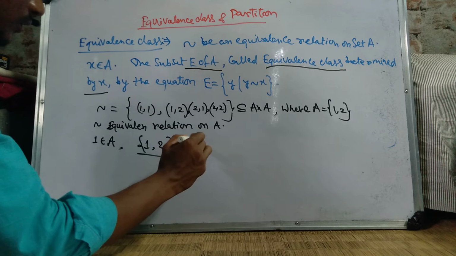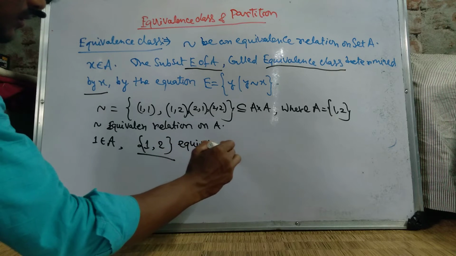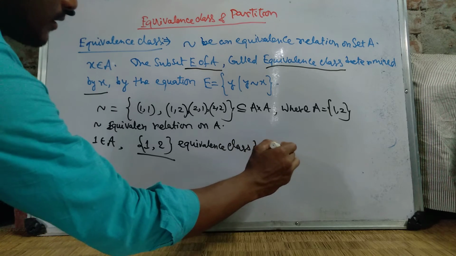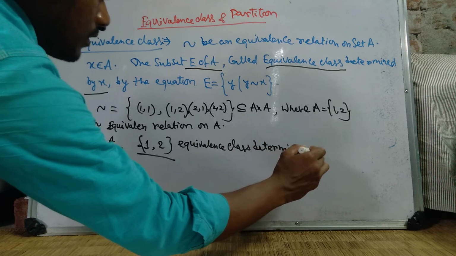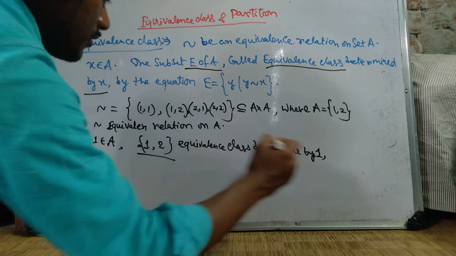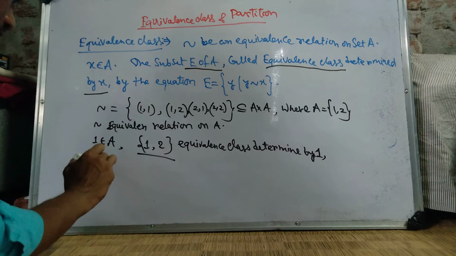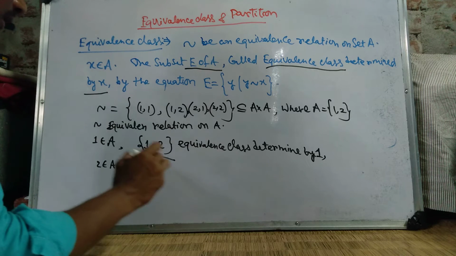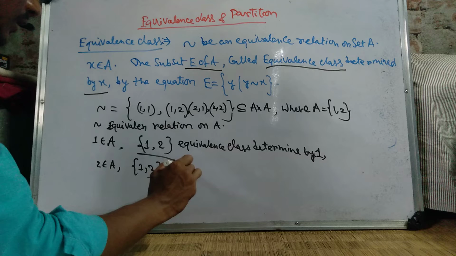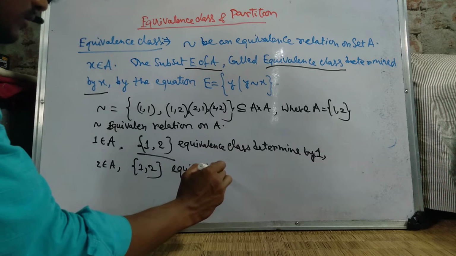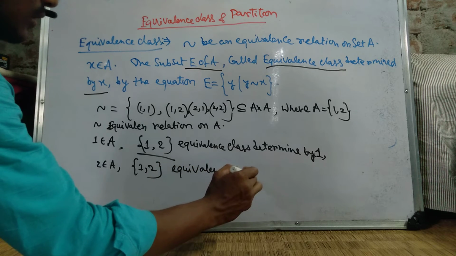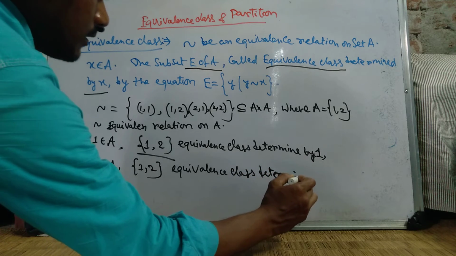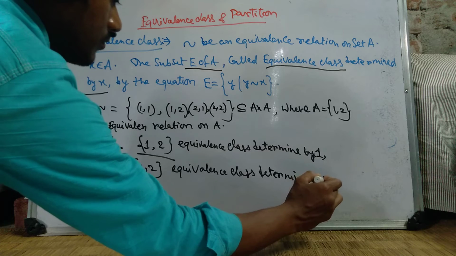This one is the equivalence class determined by 1, and also 2 belongs to A. Then 1 and 2 are related. This one is the equivalence class determined by 2.